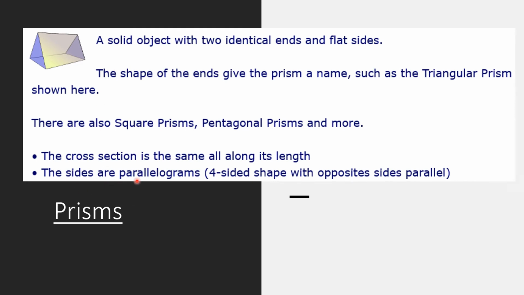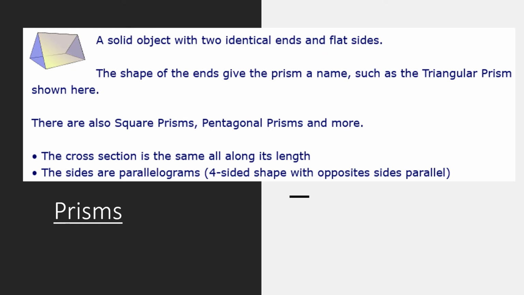The cross section, getting a bit technical now, is the same all along its length. So what I mean by that is you can see the triangle at the end, both ends. If I cut the shape down the middle, what you would see when I removed the knife is still triangles. So that's the cross section, because wherever I cut it, I would see the triangular shape.